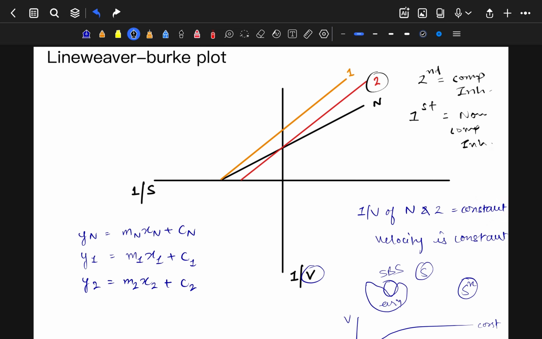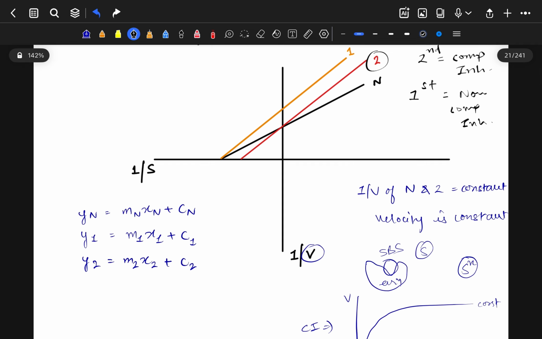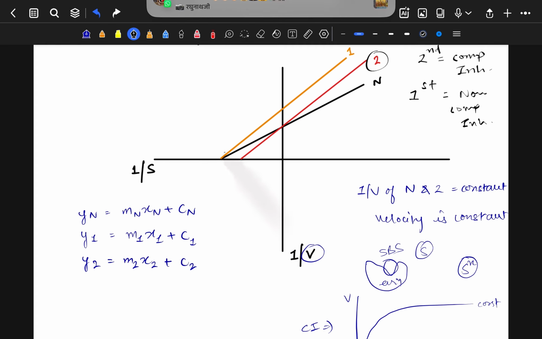Okay, because the first line has a common 1 by S intersection. That means substrate concentration is common. If substrate concentration is common, then velocity will decrease and Km will remain constant. So that's how it goes.